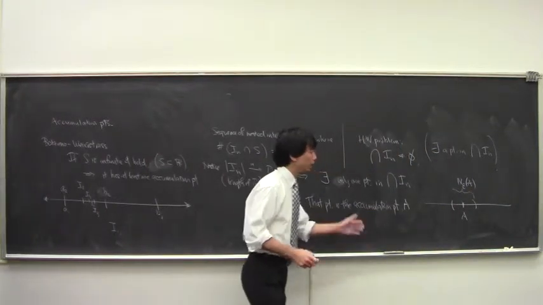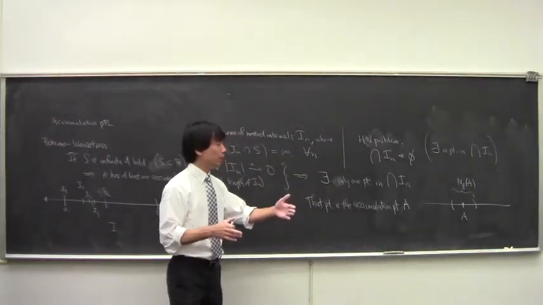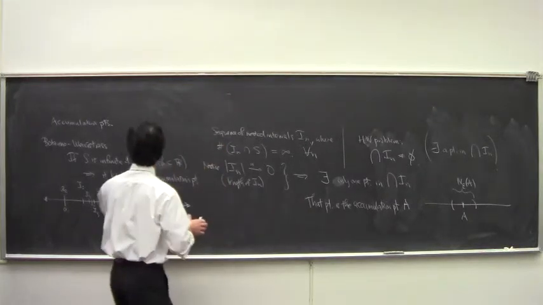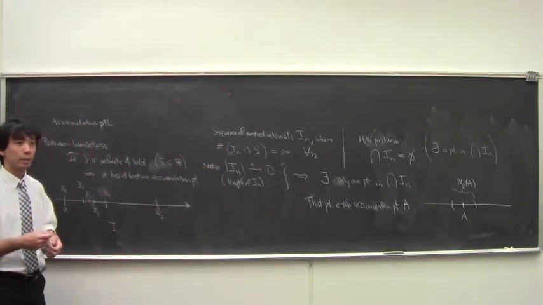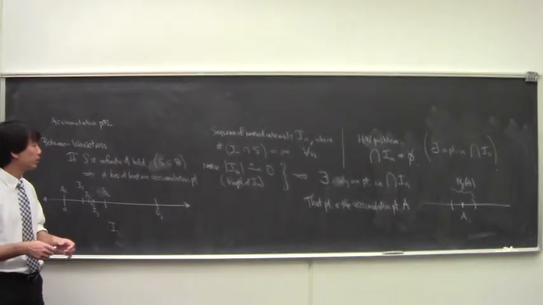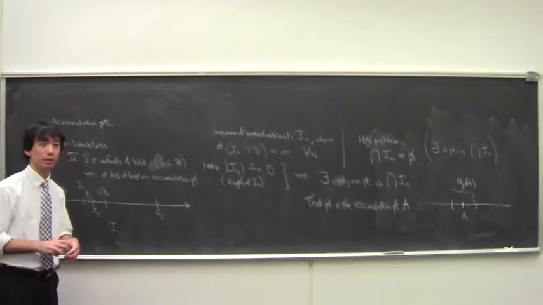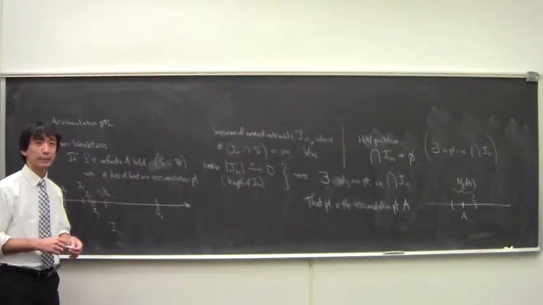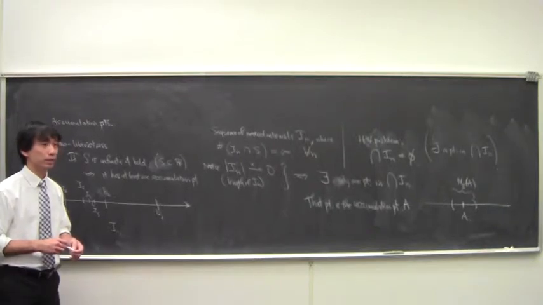How do I know that that epsilon interval, epsilon neighborhood intersects S? Well, can anyone say it? How do I know that that epsilon interval intersects S?